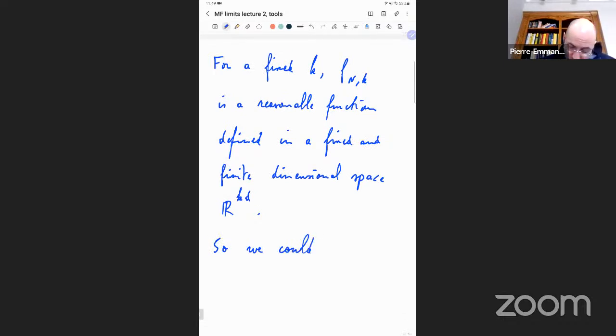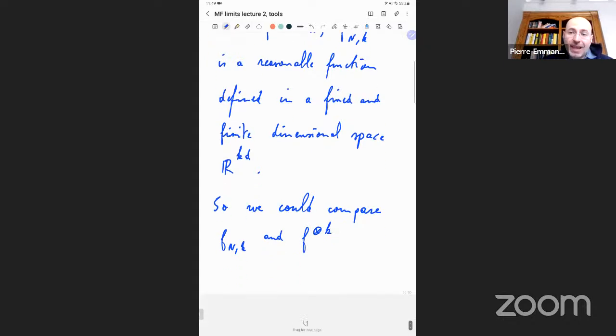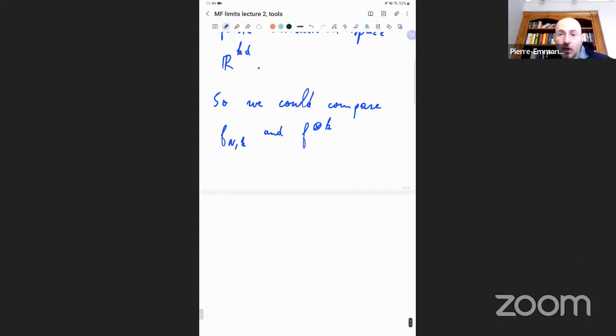So we could compare Fnk and the tensorized law, f tensorized k times, using any norm, any standard norm will work. So for example, now I can use Lp norms.